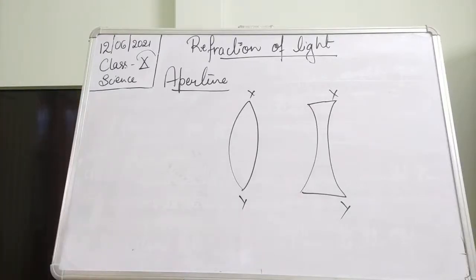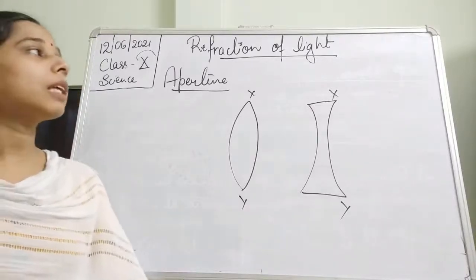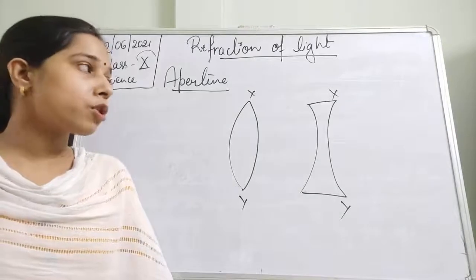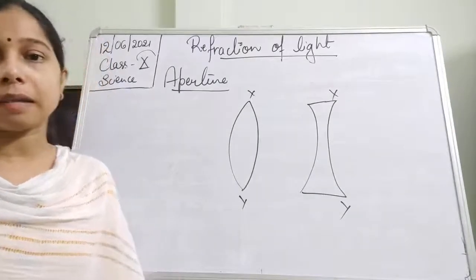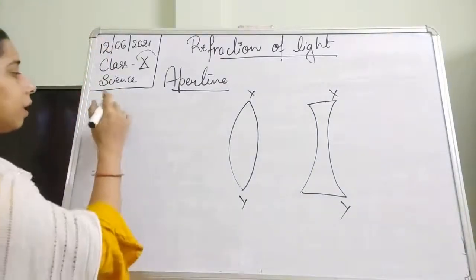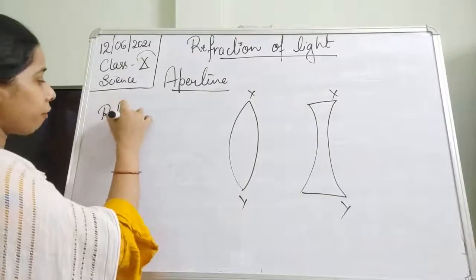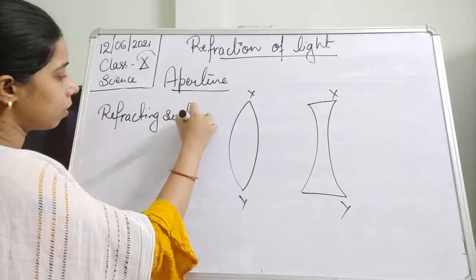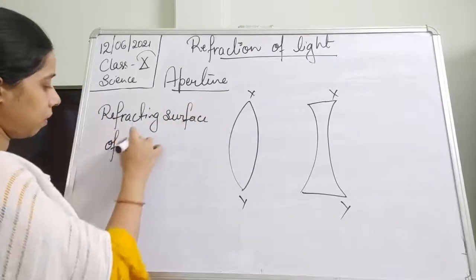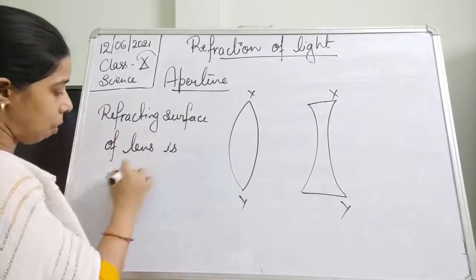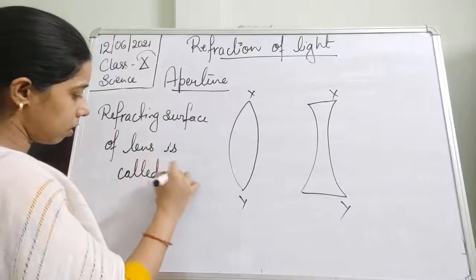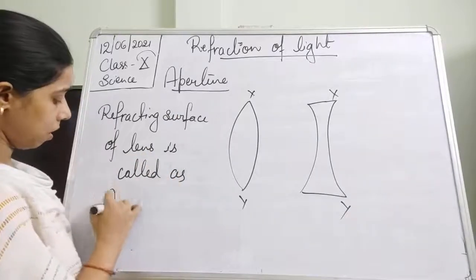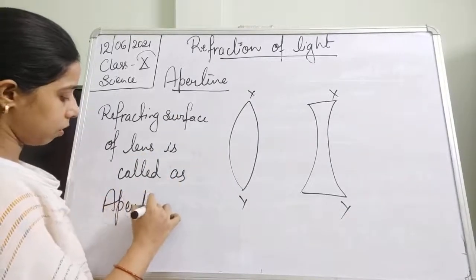As we have seen in the case of the mirror, the reflecting portion is called the aperture. Here, the refracting surface is called the aperture of the lens.